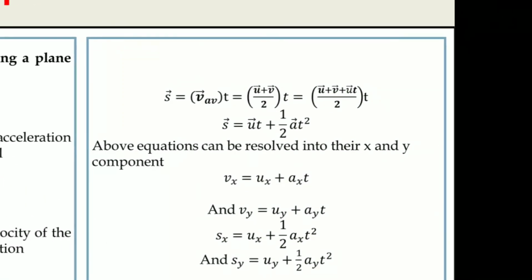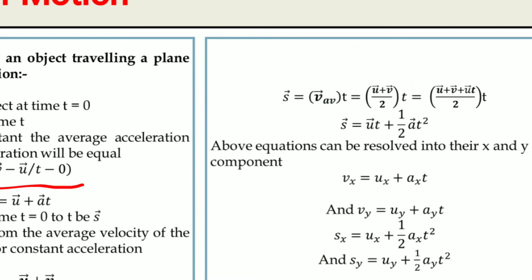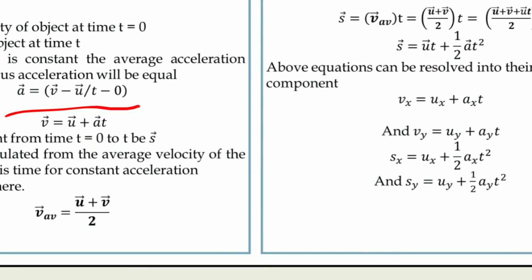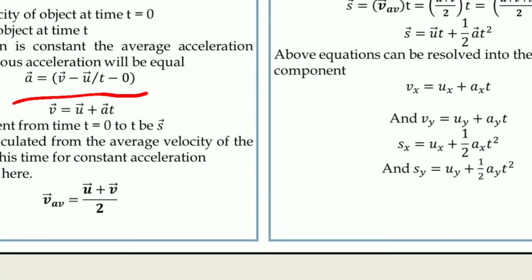So here V is equal to S divided by T. So you can take S is equal to V into T. Now we have calculated average velocity is equal to U bar plus V bar divided by 2.